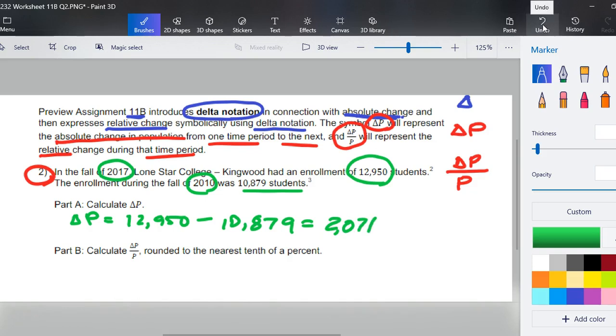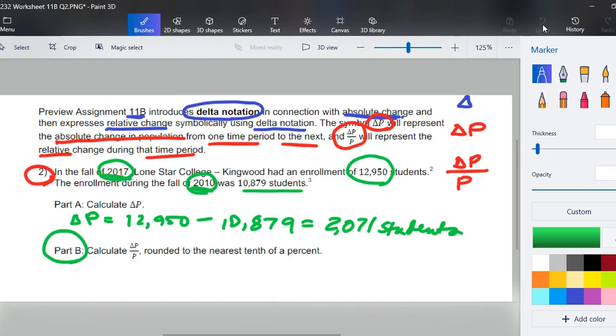Depending on what you need to label this as, it's always good to tell yourself what you just calculated. This is the number of students of growth from 2010 to 2017.